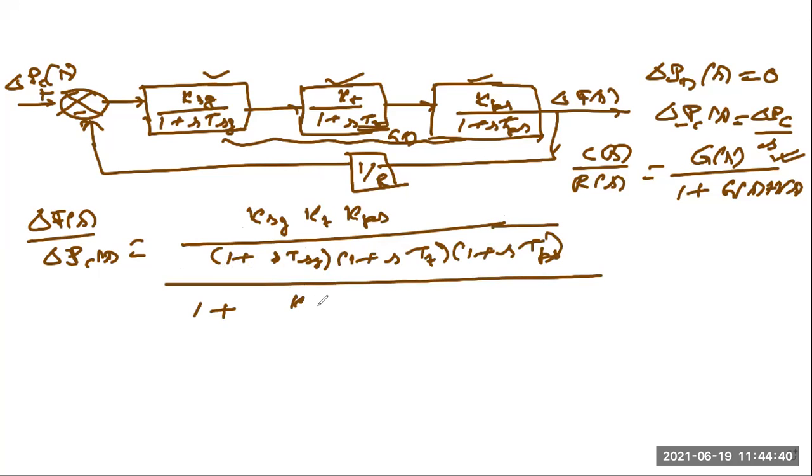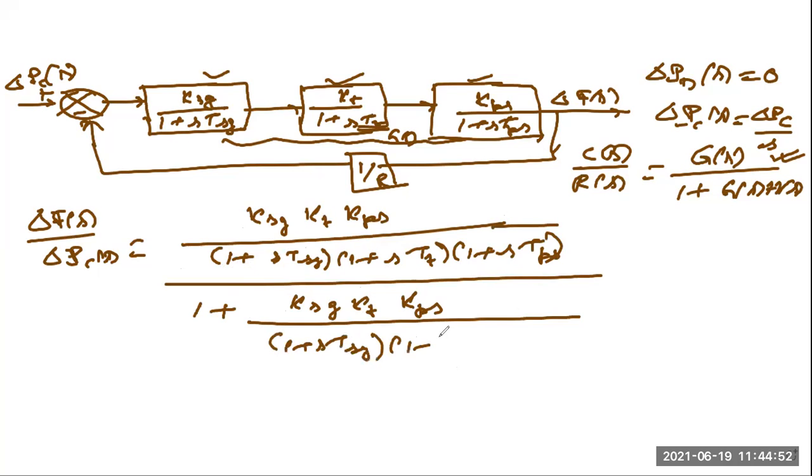So this will be KSG into KT into KPS divided by 1 plus STSG into 1 plus STT into 1 plus STPS into R. This whole expression is multiplied by 1 by R because this feedback HS is 1 by R.